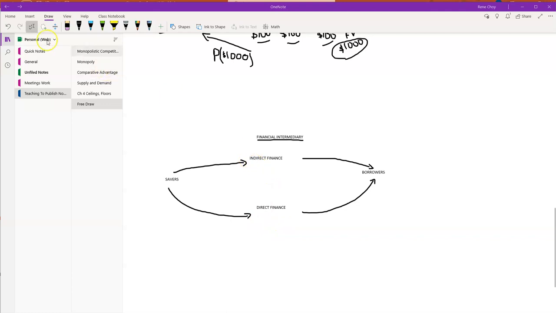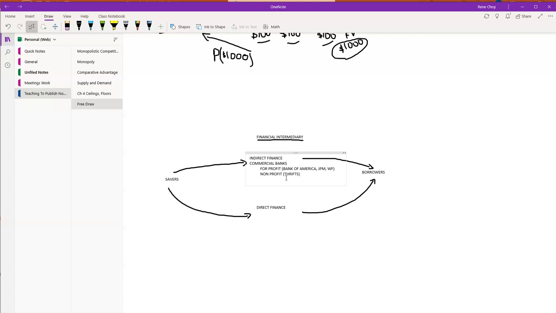In indirect finance, you have your banking institutions or your commercial banks. Now, commercial banks come in two flavors. You've got your for-profit commercial banks, and these are your Bank of America, your JP Morgan Chase, your Wells Fargo, and then you have your non-profit banks, which are also known as thrifts.